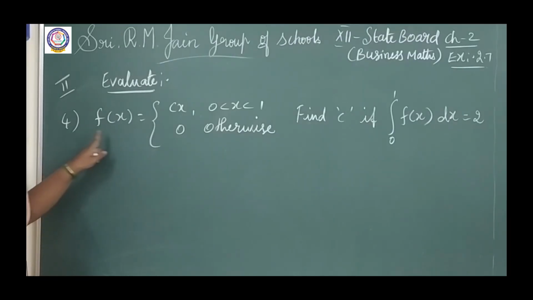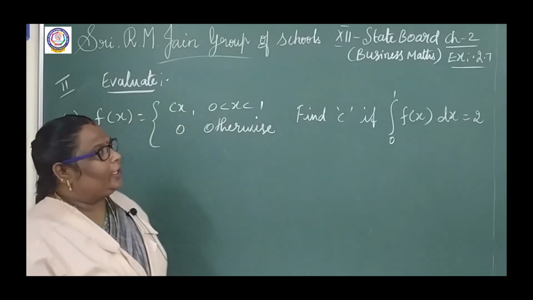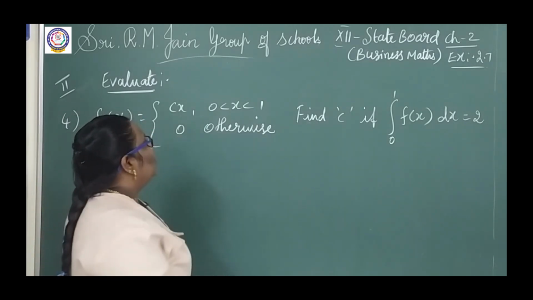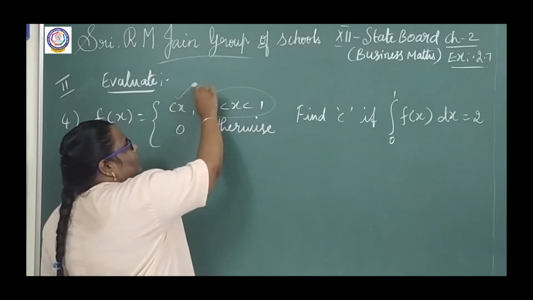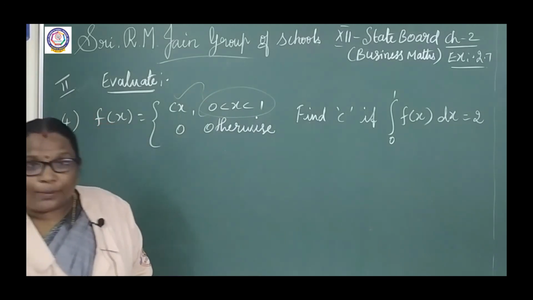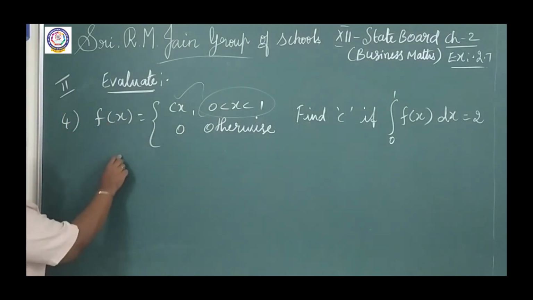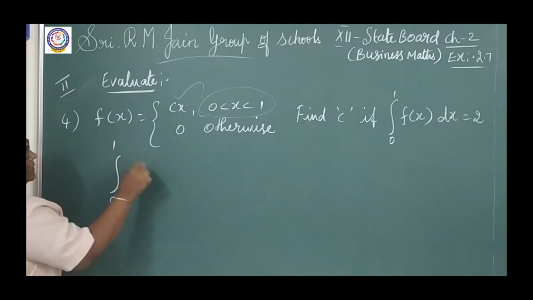See the fourth sum, f(x) equals cx for 0 less than x less than 1, 0 otherwise. Find c. The limit is given 0 to 1, integral of f(x) dx equals 2.